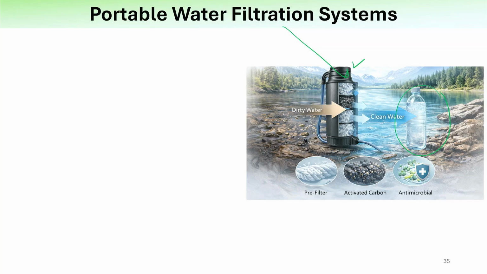Typically, there is a pre-filter, then an activated carbon layer, then an antimicrobial layer. When we feed water from the top, it first pre-filters the coarse particles, then the activated carbon absorbs the organic compounds, and then the bacteria are removed. Finally, we get clean water.